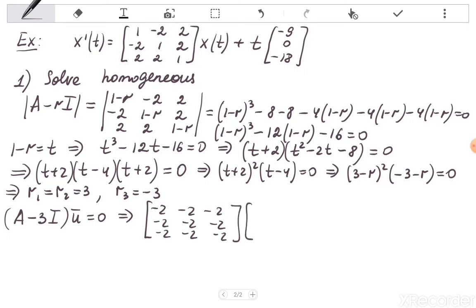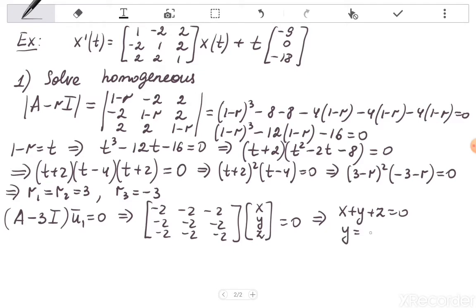Apply to the vector, let's say u1, and this vector is, let's say, x, y, z, must be 0. So in fact from this system we get only one equation, x plus y plus z is 0, when we divide by minus 2. So we can choose two variables to be parameters.